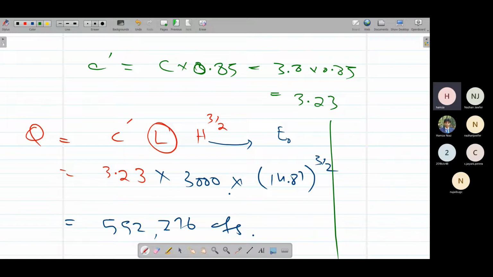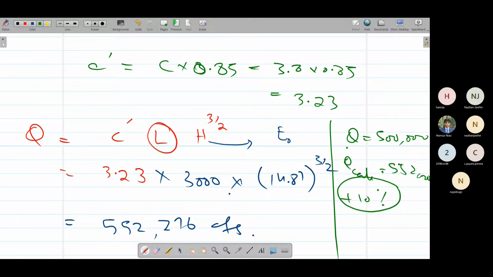The given discharge was 500,000, and we calculated 552,000, which is approximately 10% above. This is fine. We have a limit of approximately 10% on the above side, so we can say that this is okay.